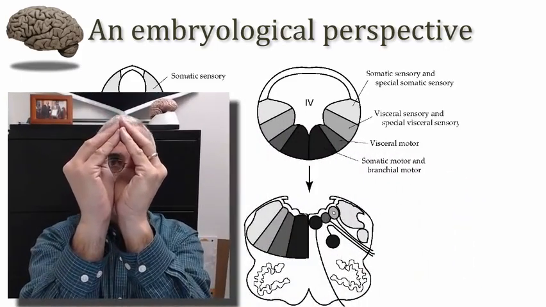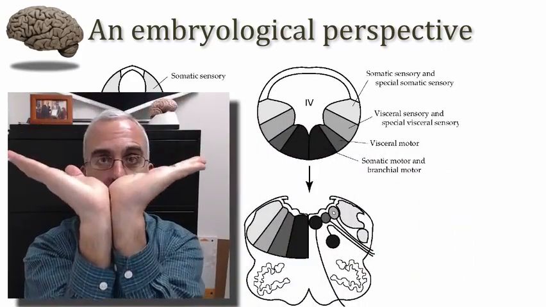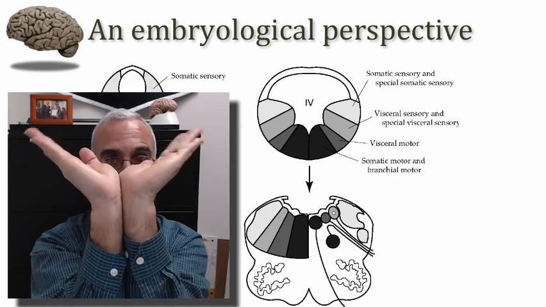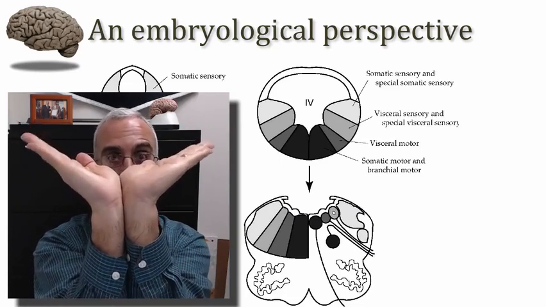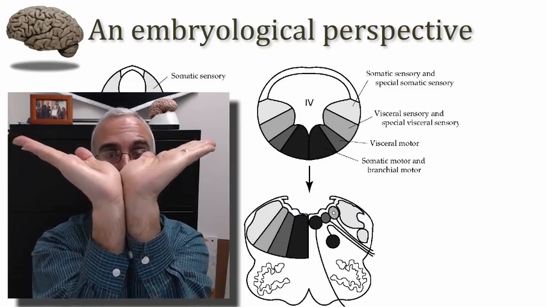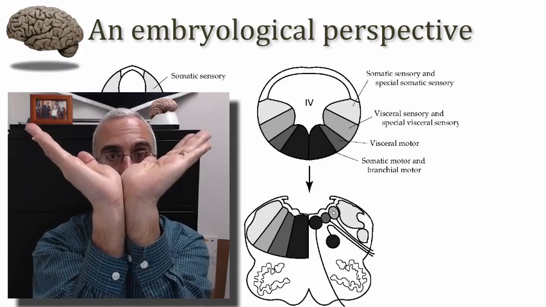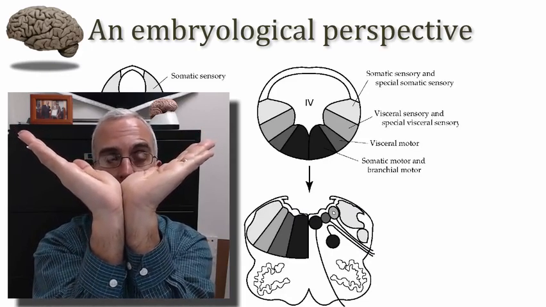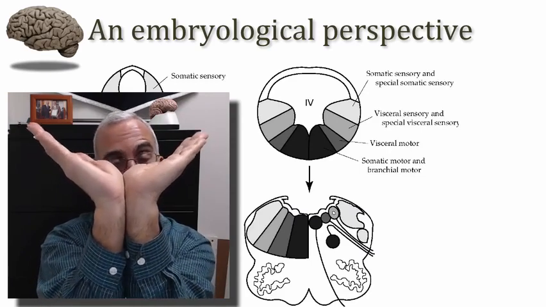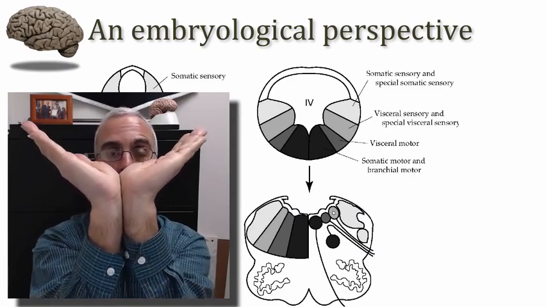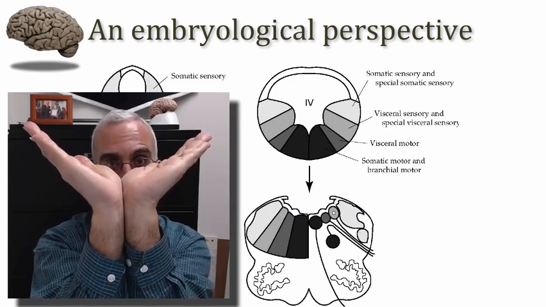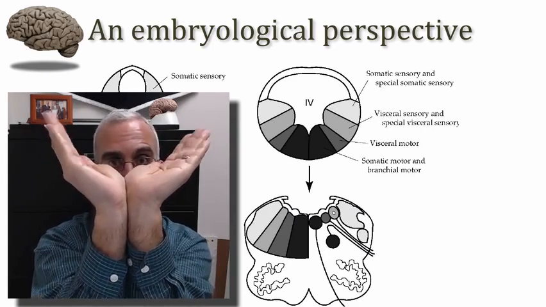The sensory elements open up to form the floor of the fourth ventricle, with the digits still representing somatic sensation, but now they are lateral underneath the floor of the fourth ventricle. And where would we find our somatic motor cells? Well, we'd find them in the position of my palms, near the midline, in the dorsal part of the tegmentum, just underneath the fourth ventricle.